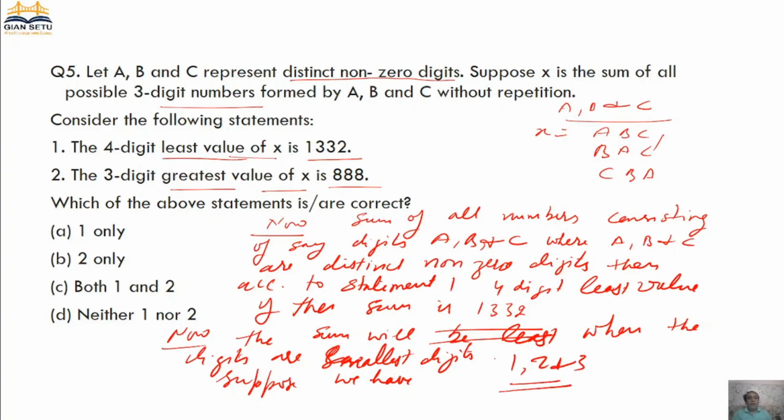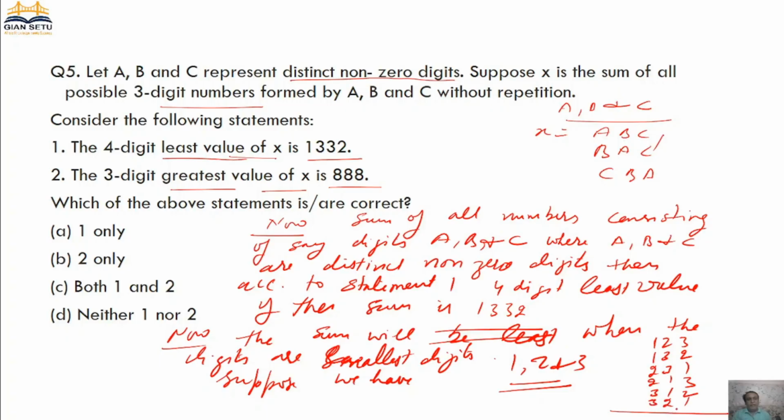Now let's add all the numbers consisting of digits 1, 2, 3, and these numbers are 123, then 132, then 231, then 213. Similarly 312 and 321.